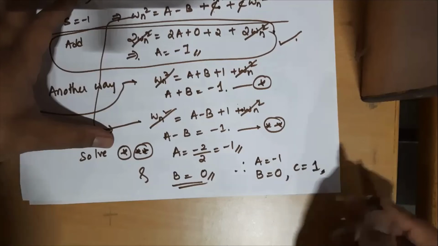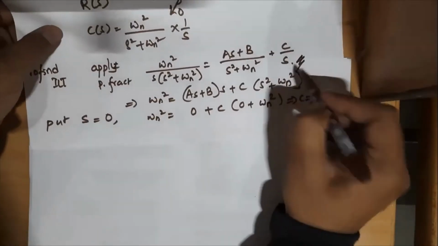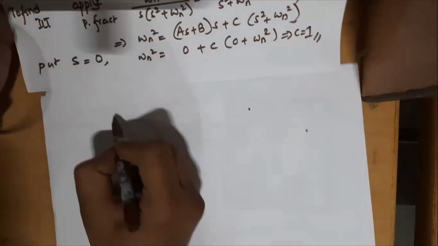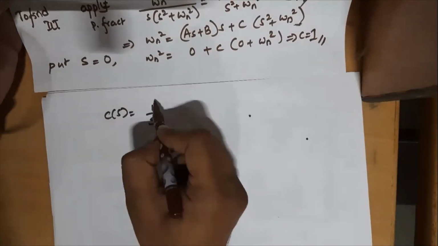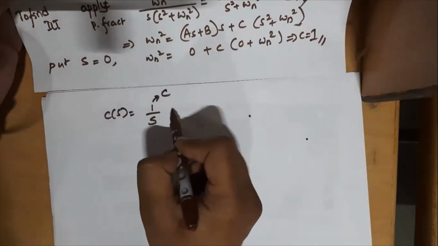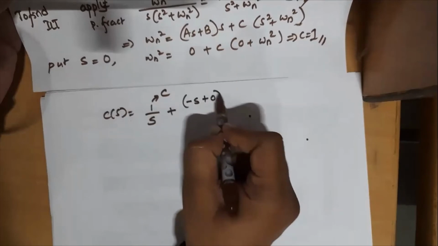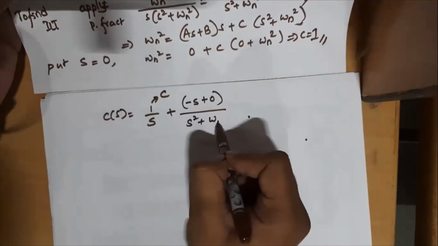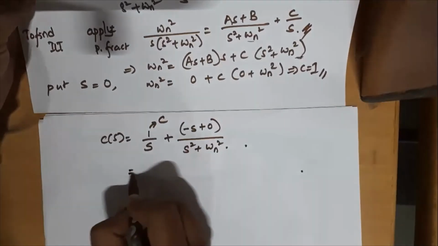Fine. So we found a, b, c values, and I will substitute them here. First I'll substitute c, then as plus b is left. So a is minus 1, so minus s plus b is 0. So it is just minus s plus 0 in the numerator, divided by s square plus omega n square.